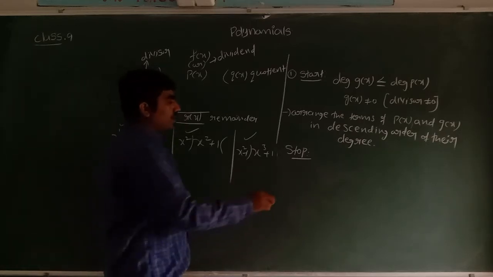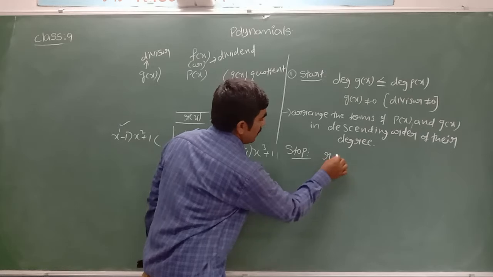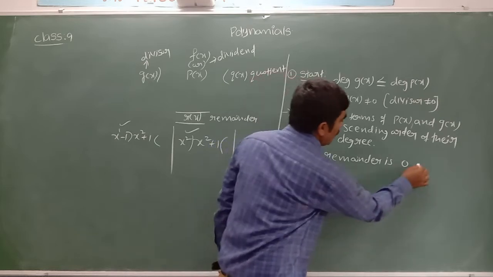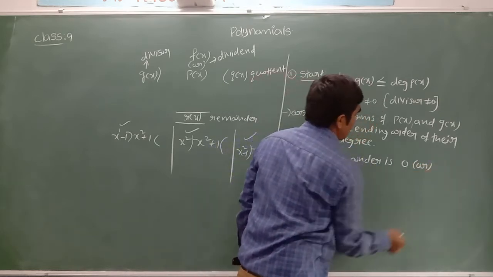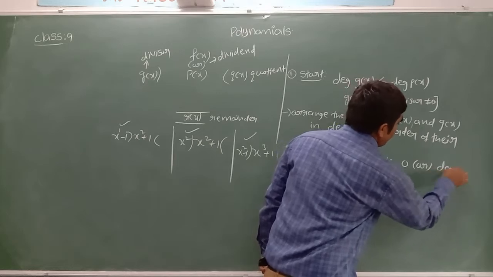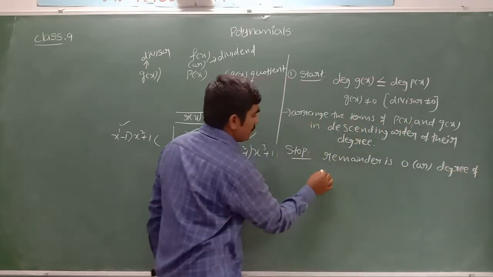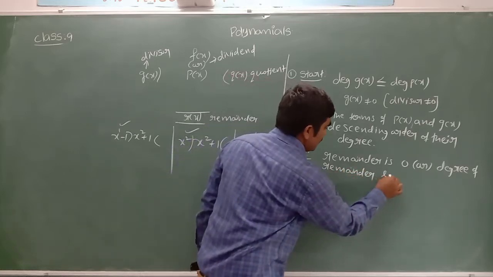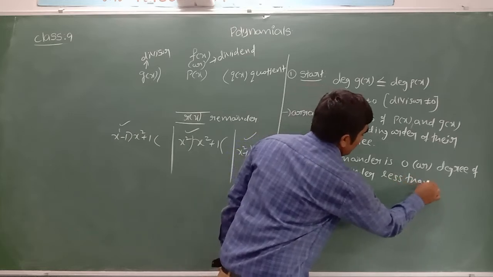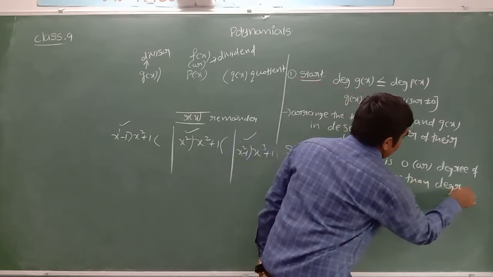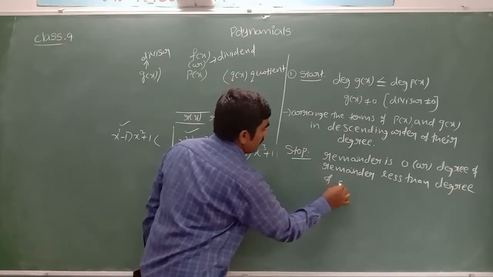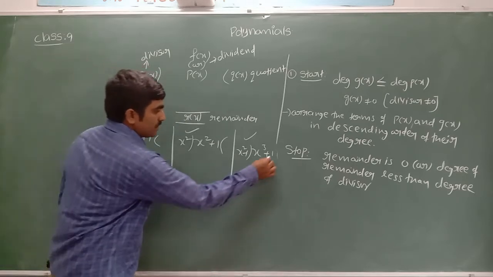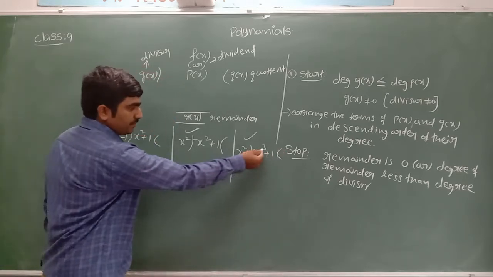To stop the long division, we have to get either remainder 0, or the degree of the remainder less than the degree of the divisor. Suppose here you can see the dividend is x cube, degree 3.